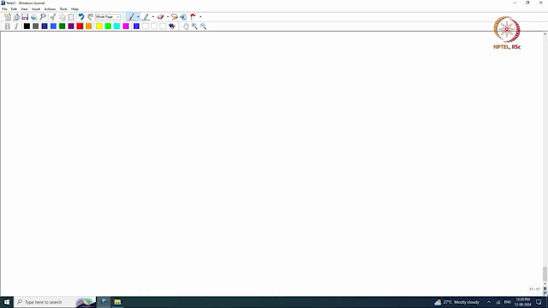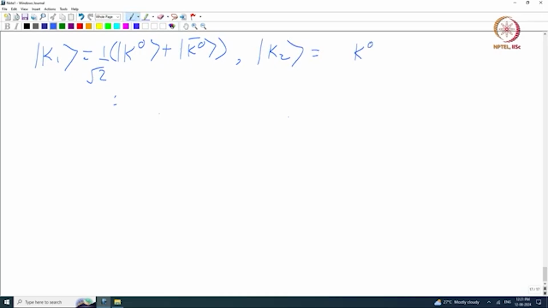In particular, if I define K1 as K0 plus K0 bar, appropriately normalized, and I call K2 the same thing with the minus sign, antisymmetric under exchange.